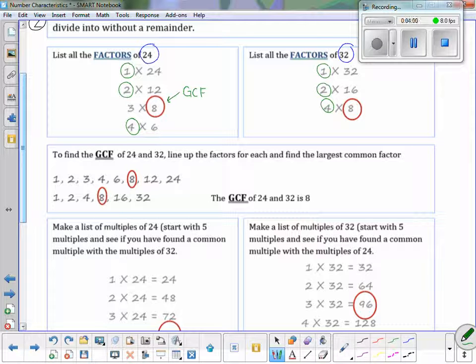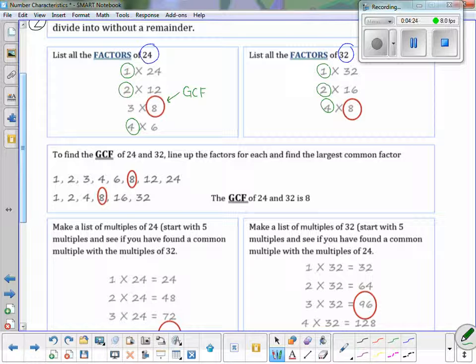So here we have all of our factors for each of these, and we can see that the greatest factor that they both share is 8. So when you're doing this, you're first going to want to find all of your factor pairs for each of your numbers. And after that, you're going to list your factors out, like we have a list here, and then you will find your greatest common factor.